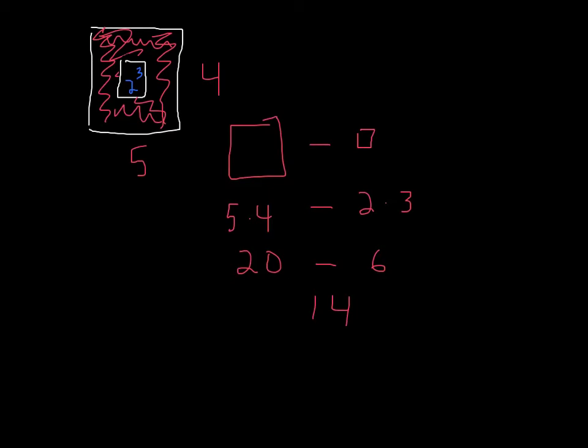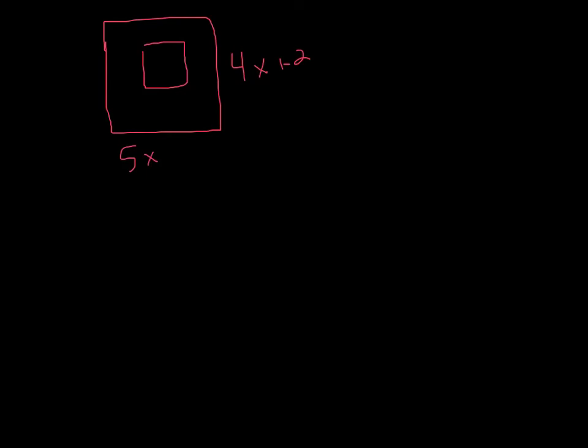I think I'm going to draw another figure so I can have a little bit more room. Let's say, for instance, we have 4x plus 2 and 5x plus 3.